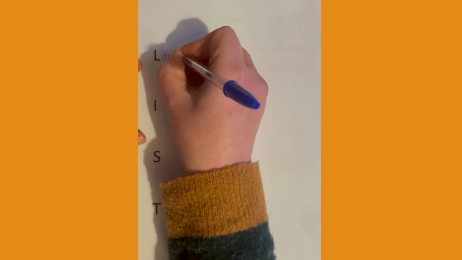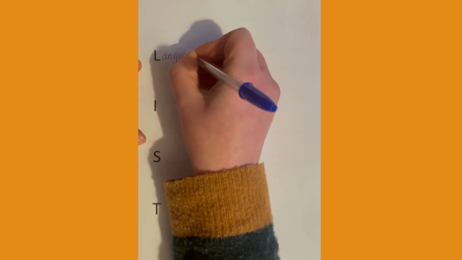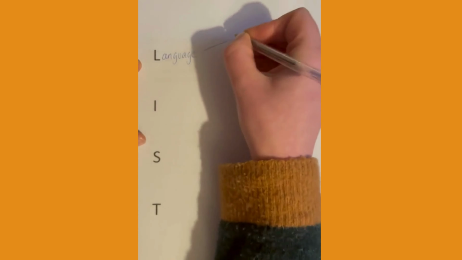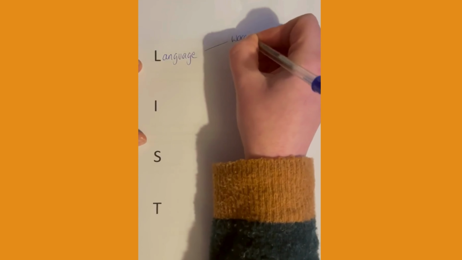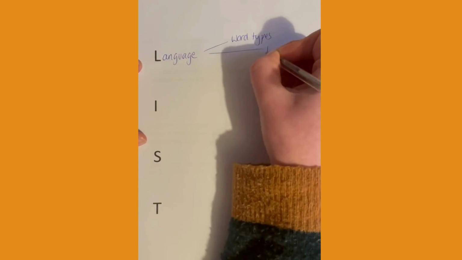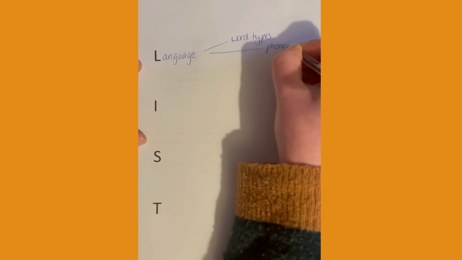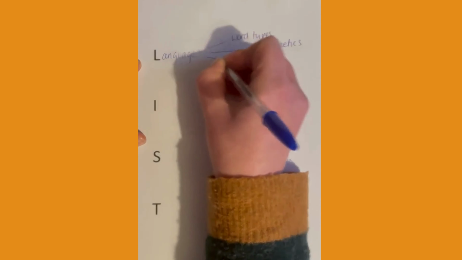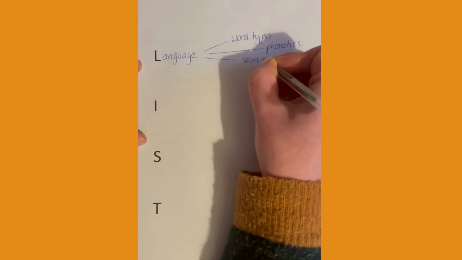What that means is that you have your introduction, you then have 4 paragraphs, and then your conclusion. Your first paragraph being about language, so word types, phonetics, semantic field.